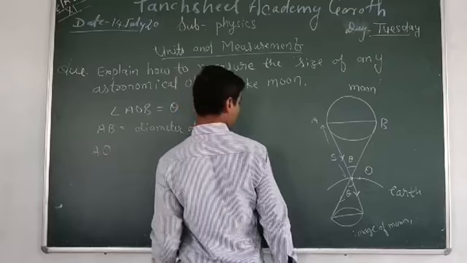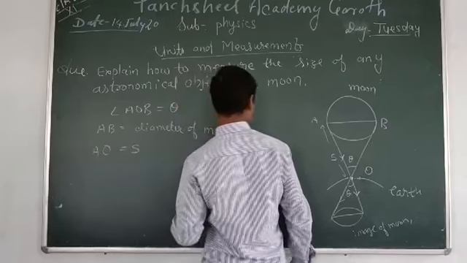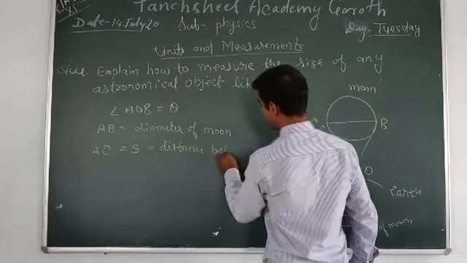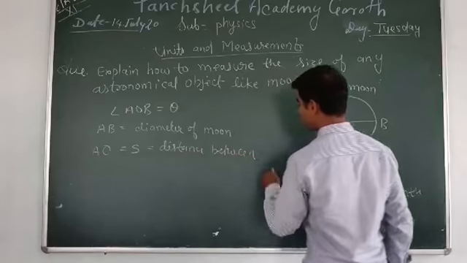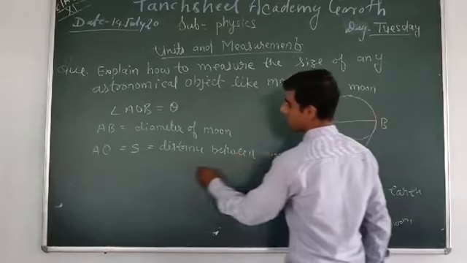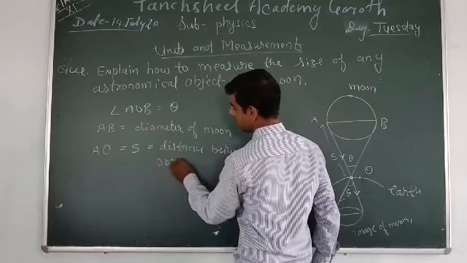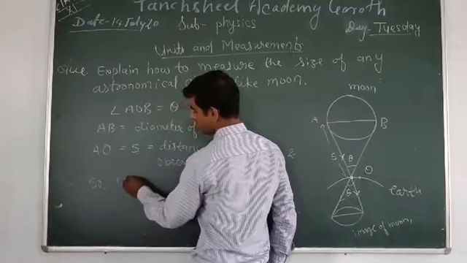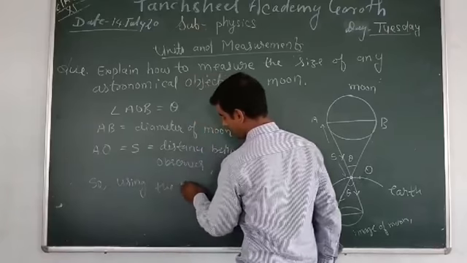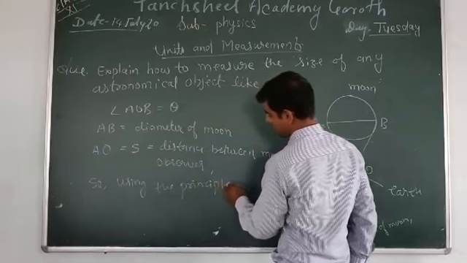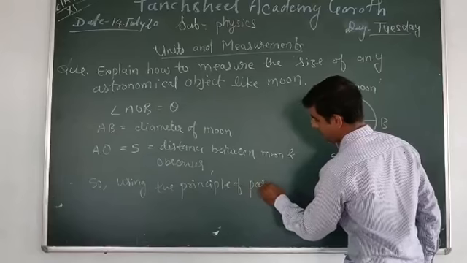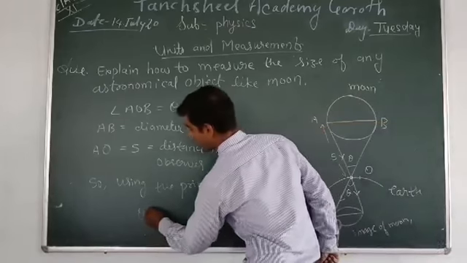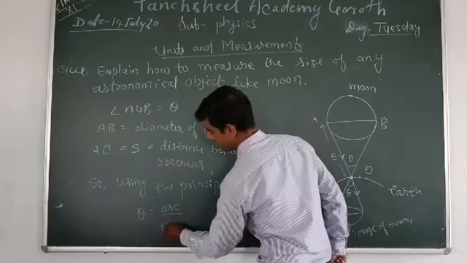AO equal to S is the distance between the Earth and the moon. So using the principle of the parallax method, theta equal to arc upon radius.